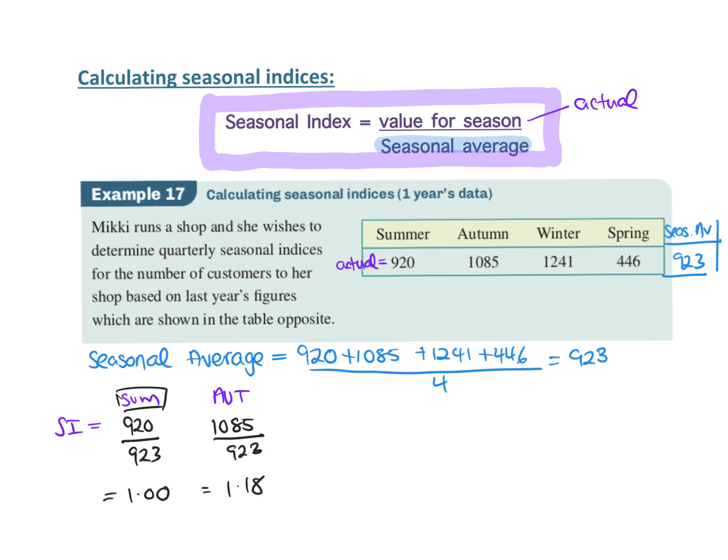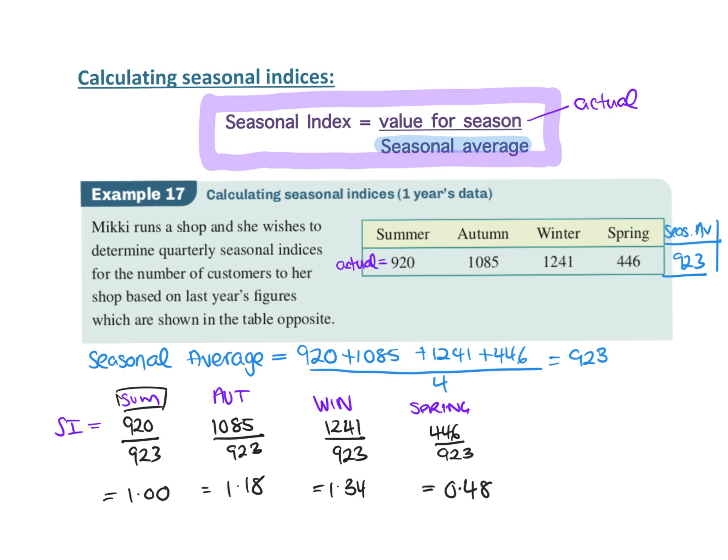The next one, winter, would be 1241 divided by 923, and I end up with 1.34. And then the last one, spring, would be 446 divided by 923. This spring looks very low, so it should be a low seasonal index there. So there is my seasonal index.